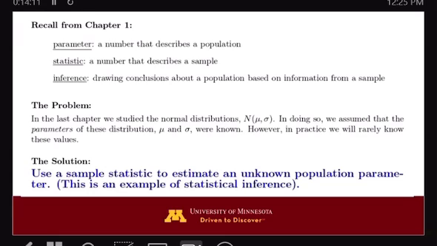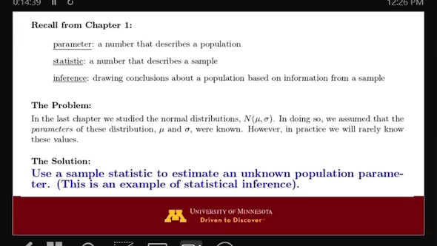Now you understand parameter, you understand statistic. What we want to do today, which we call sampling distribution, enables us to use our knowledge of the statistic to generalize to the entire population, trying to figure out the parameter. I'm going to say that again.